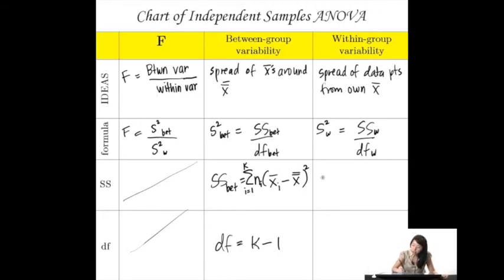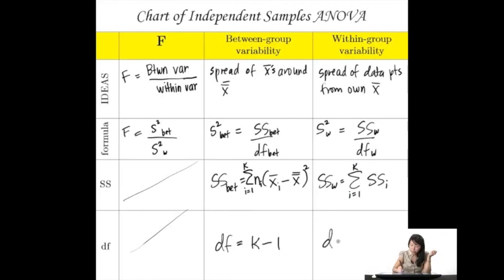All right, so for sum of squares within, let's go back to this idea. It's the spread of all the data points away from their own sample means, and that's just going to be all those sum of squares for each little group, and you already know the formula for that, added together. So i goes from 1 up through k, right?